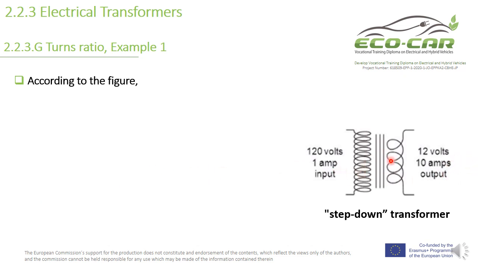So this is a step-down transformer: it steps down the voltage from 120 to 12 and increases the current from 1 amp to 10 amps on the output.